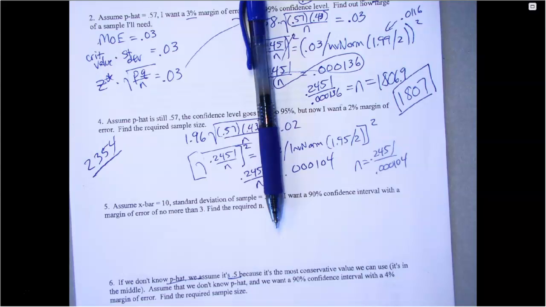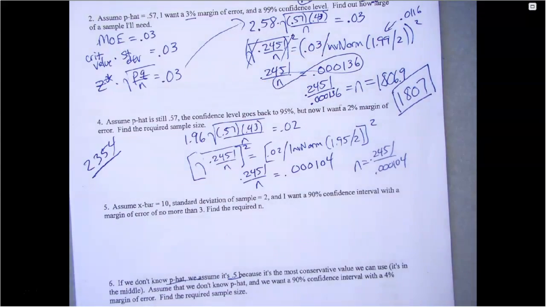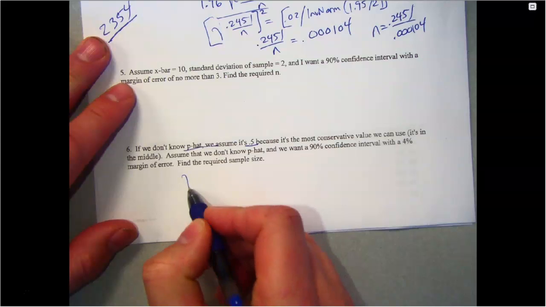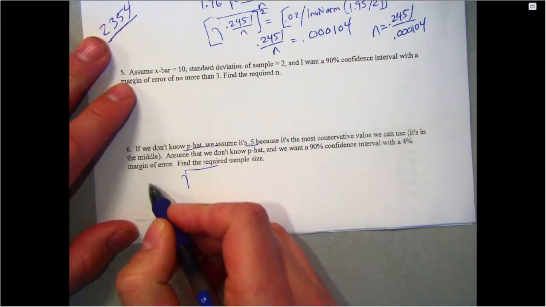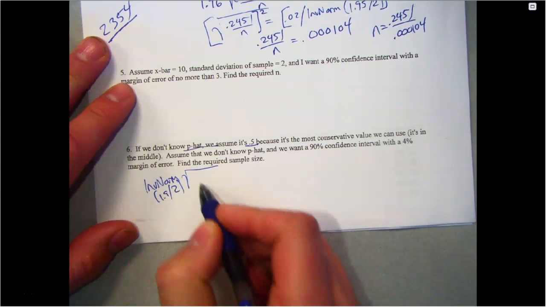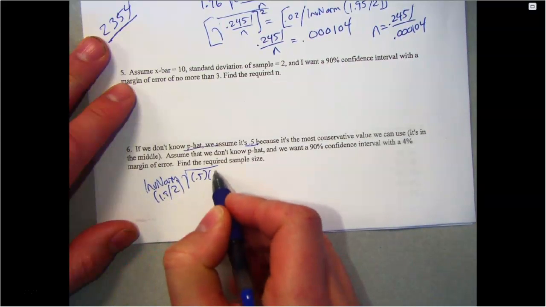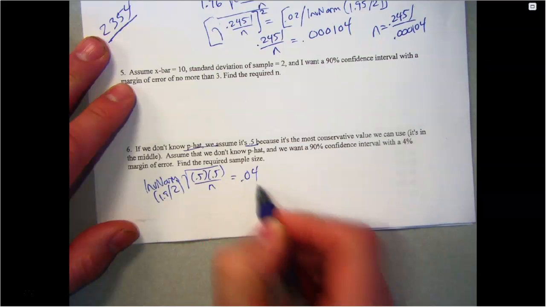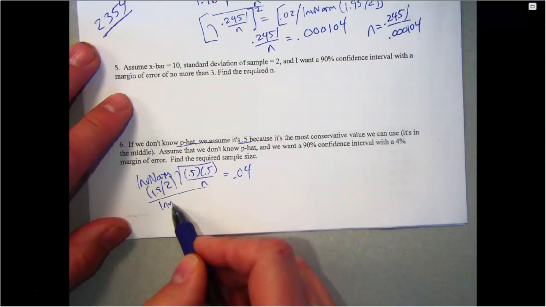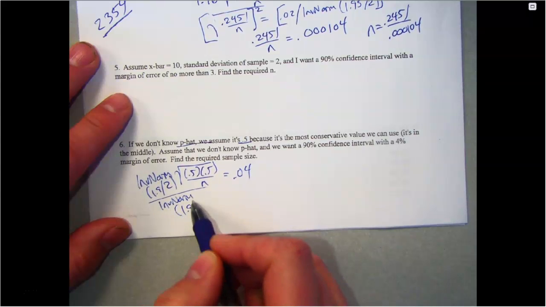So let me just do this one real quick to complete the lesson here. You would have, this is like inverse norm, 1.9 divided by 2 times the square root of 0.5 minus 0.5 over n equals 0.04. And then you would divide both sides by the inverse norm, 1.9 divided by 2.